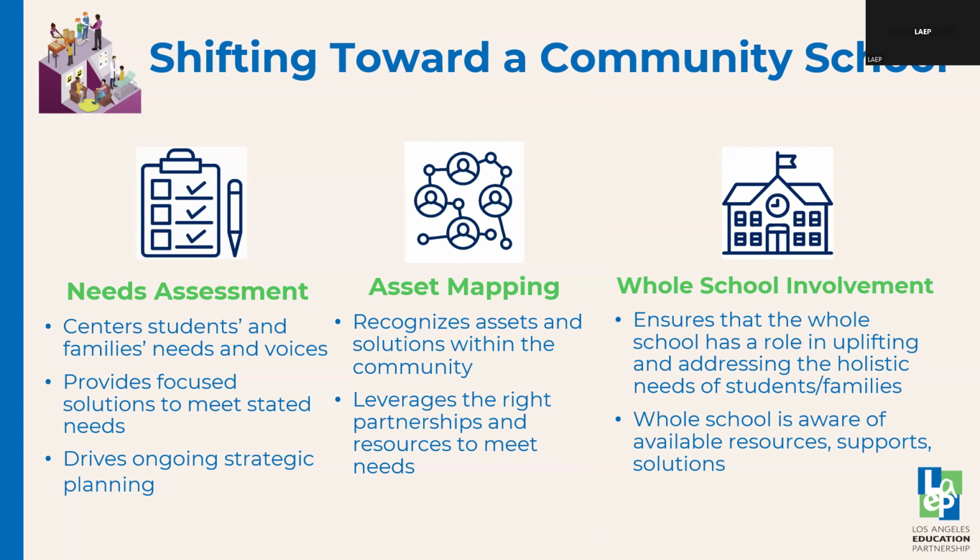To clarify what we mean by whole school, this includes administrators, teachers, classified staff, office personnel, students, families, community members, partnering organizations, union reps, everyone who has a stake in the community school.